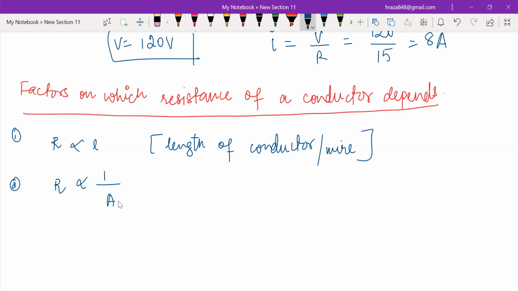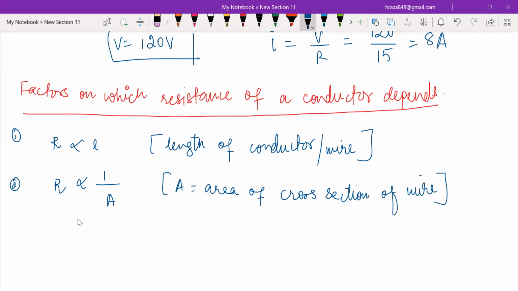That means if you are using a thin wire, it will have more resistance. And what does resistance mean? Resistance is a property of a conductor which resists the flow of charge, the flow of current. And if you are using a thick wire, the current will flow more. Are you getting my point? Area of cross section of wire or conductor.